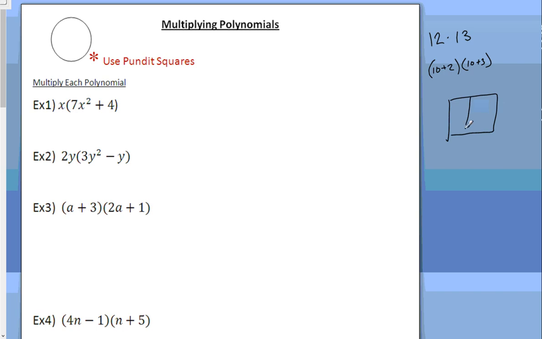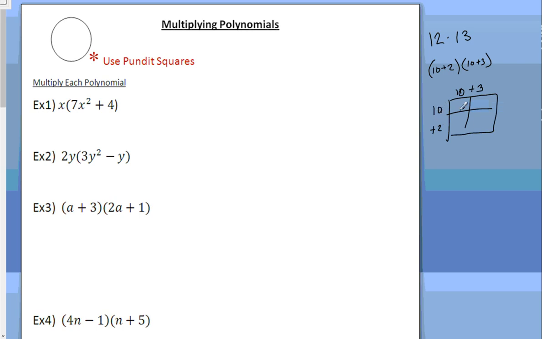What I would do is this. Sorry, my pen died for a minute. 10 plus 3 would go here, and 10 plus 2. It doesn't really make a difference. So 10 plus 2 and 10 plus 3.